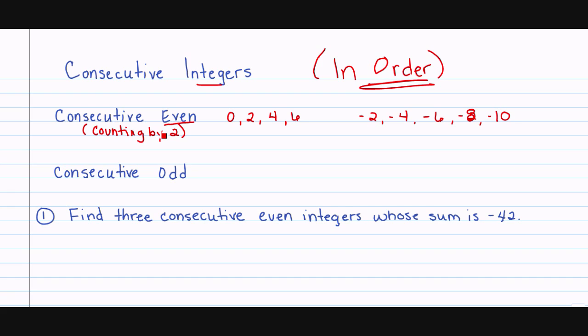Consecutive odd integers are your, oh no, you don't want to include 0 in that.